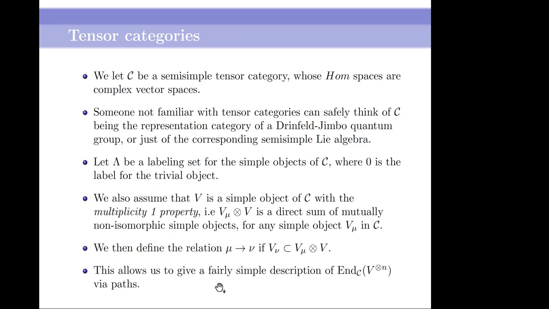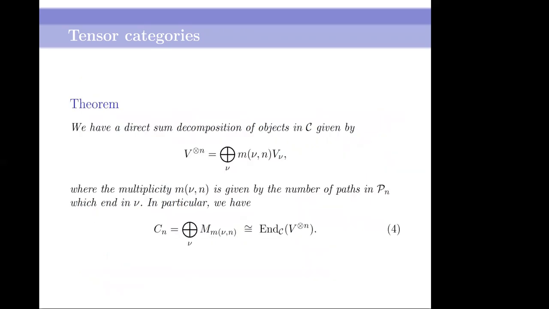And this will allow us to give a description of the centralizer algebra via paths. And we have the following direct sum decomposition of objects in C: we can take V tensor n, and this is equal to a direct sum of V_nu with multiplicities, which we can find from the Bratteli diagram in small cases.